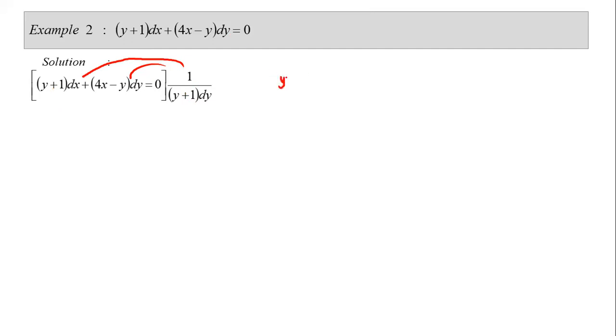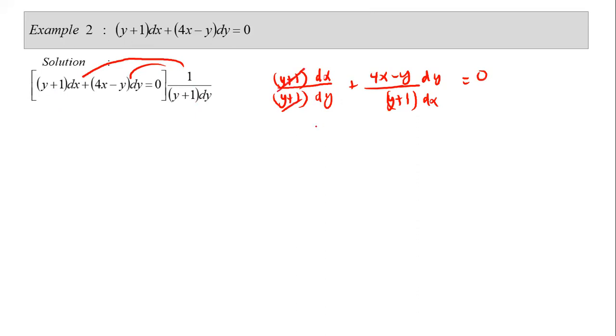So you'll have y plus 1 dx all over y plus 1 dy, okay? Plus 4x minus y all over y plus 1 dy equals 0. So this can be canceled out. So you now have dx dy, all right, plus, then this will become, hold on, this is dy, and then this will be canceled out.